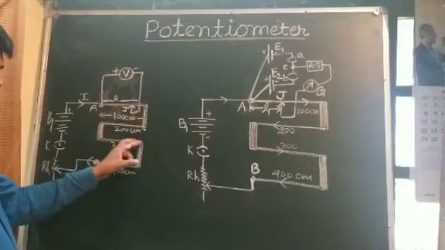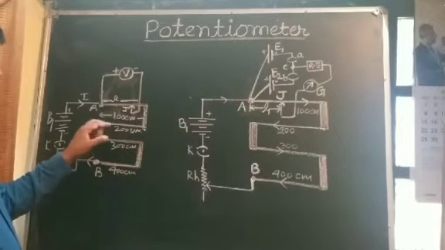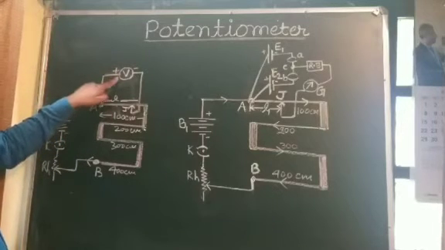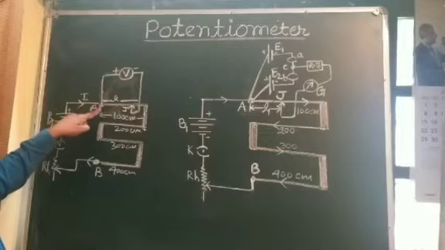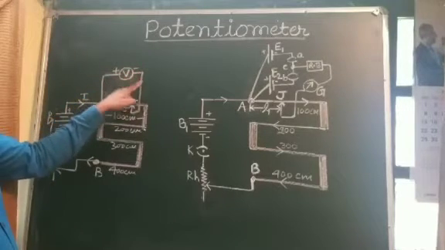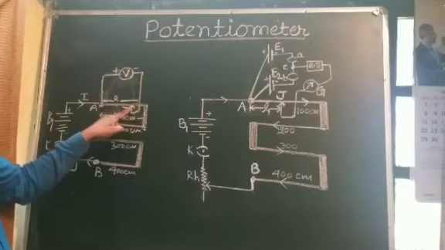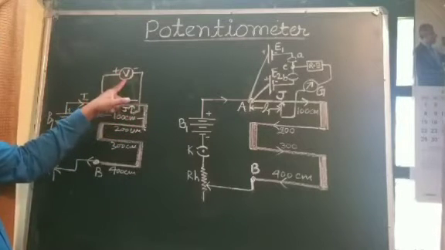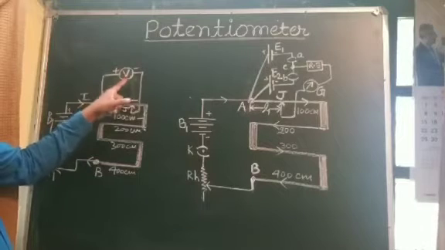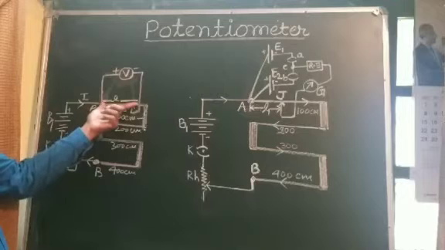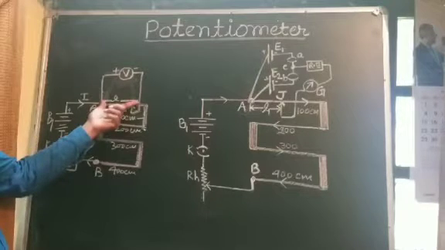We join one end of the voltmeter to end A, and the other point of the voltmeter is connected to the jockey J. This voltmeter measures the potential difference V of length L of the wire.